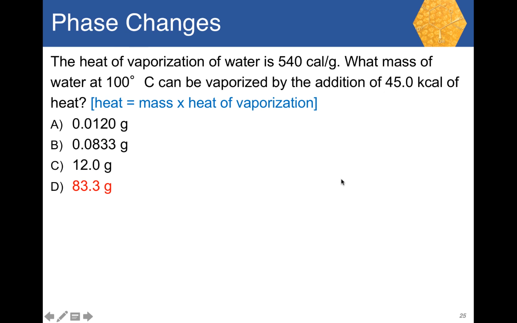So let's apply this here to this example. Heat of vaporization of water again is, notice that's a constant, so that will always be given. What mass of water at 100 degrees C, because that's the boiling point of water, will be vaporized given 45 kcals per mole? So given 45 kcals, how much water can be vaporized?